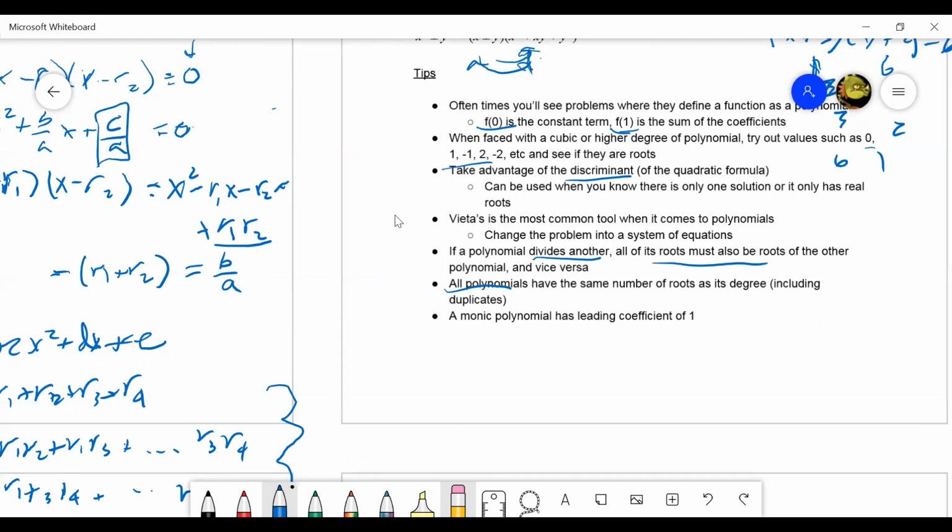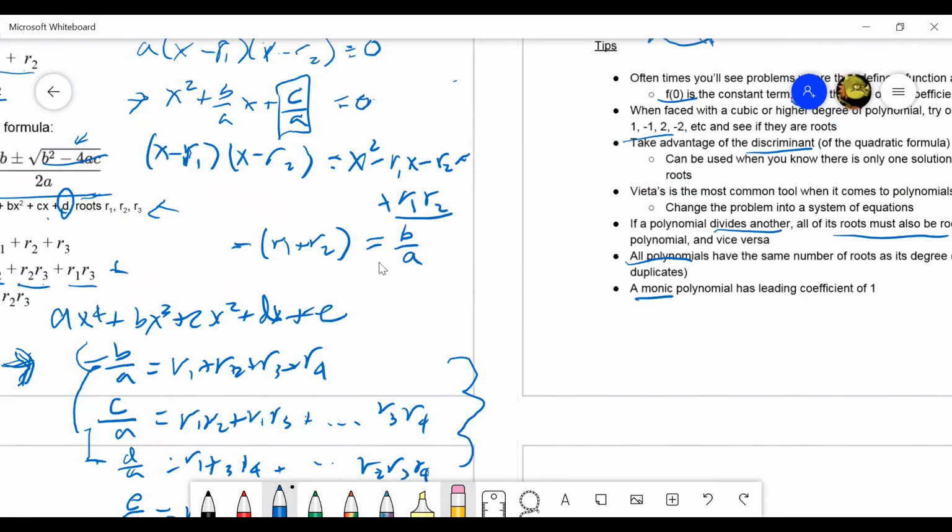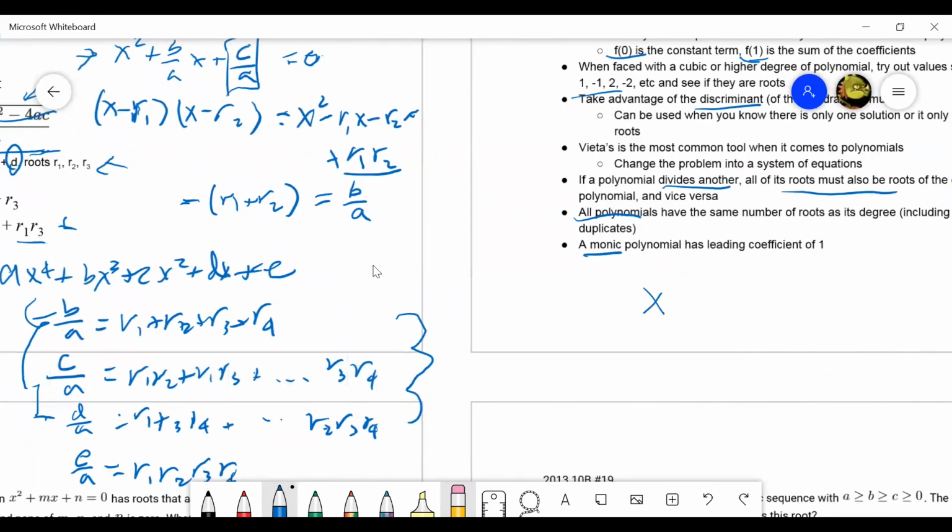So while it only has one distinct root, it still technically has the same number of roots as its degree. And lastly, if you ever see the term monic, it just means that the leading coefficient, which is a in most cases, is equal to 1. So anything that starts with x squared, x cubed, and so on, with nothing in front, is monic.